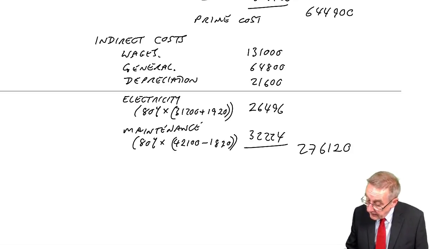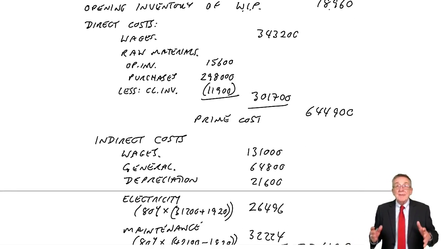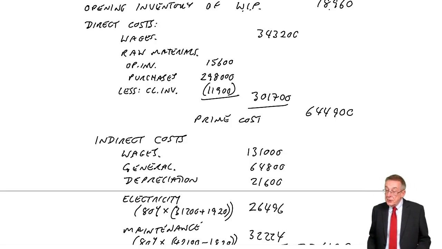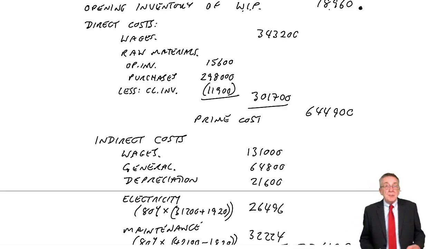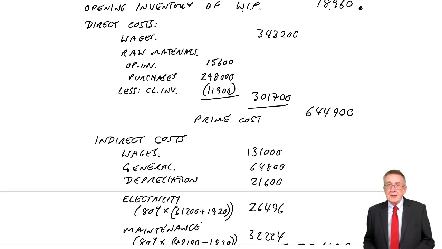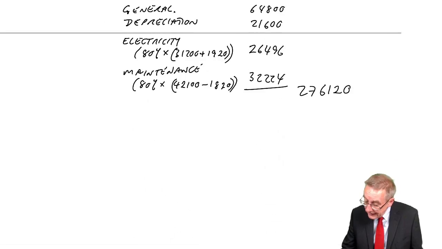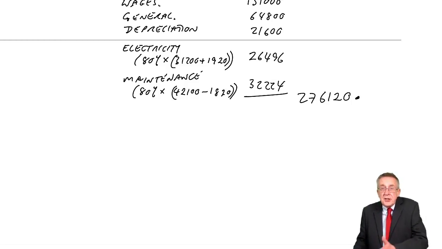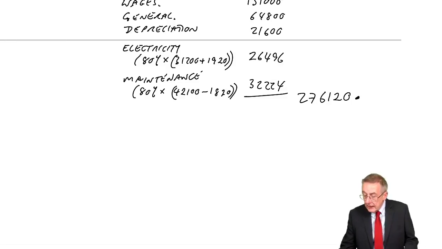We're nearly there, but remember, I want to know the cost of all the goods I finished, all the goods that were actually produced. That 18,960 is what we'd already spent nearly finishing some goods, but they were finished this year. The 644,900 and the 276,120 were the extra costs this year of finishing those early ones and then doing a lot more work.